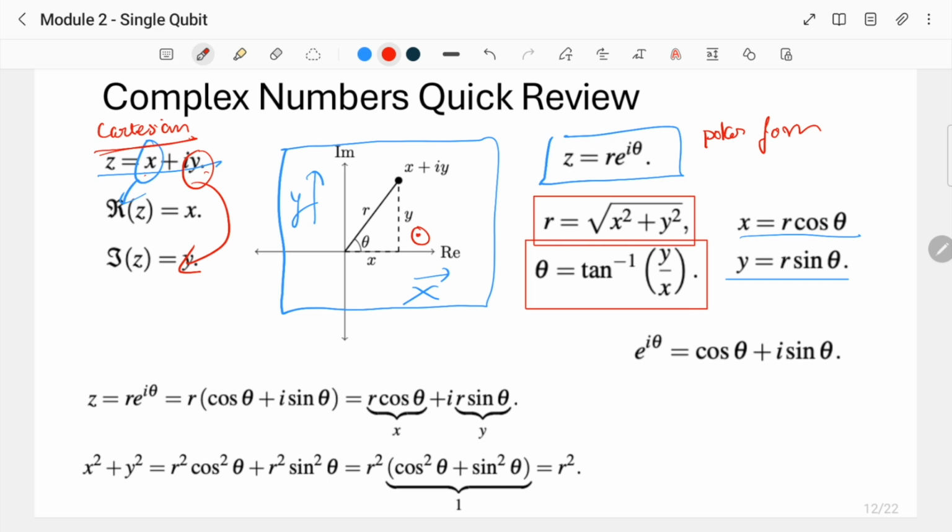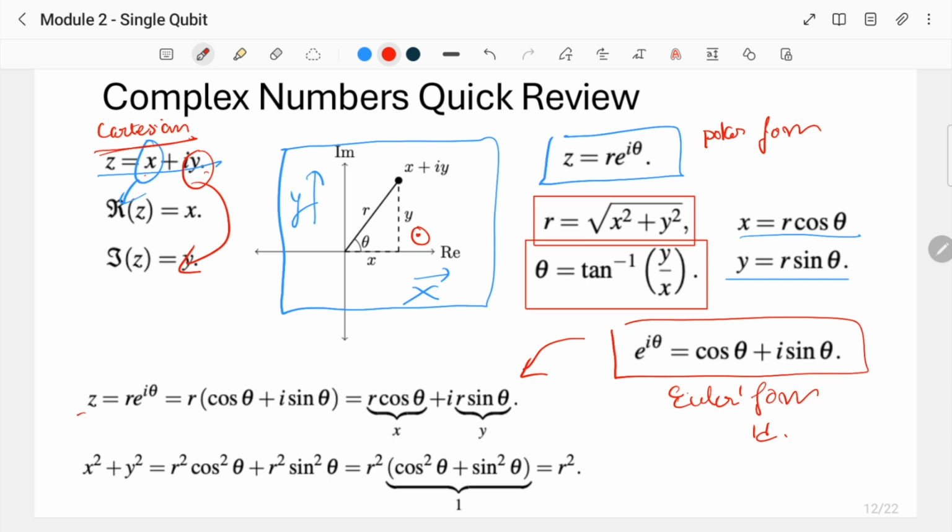All this is done now using this identity. This is called Euler's identity, or Euler's form. This is the conversion from polar to Cartesian, which is also very important. We can easily see that e to the iota theta is cos theta plus i sin theta. So you get r cos theta plus iota sin theta.